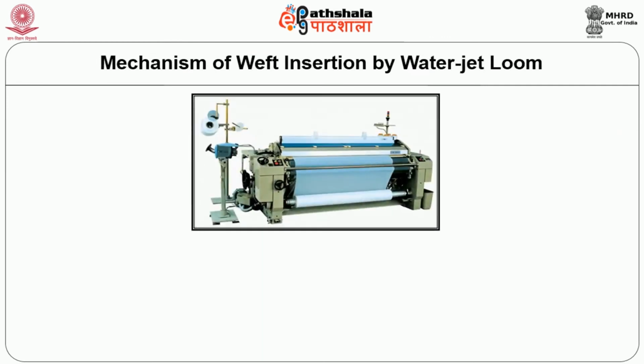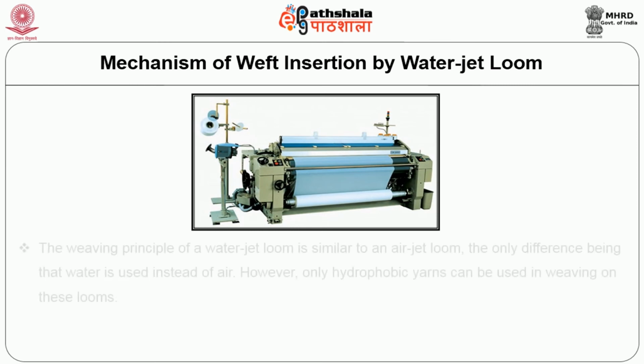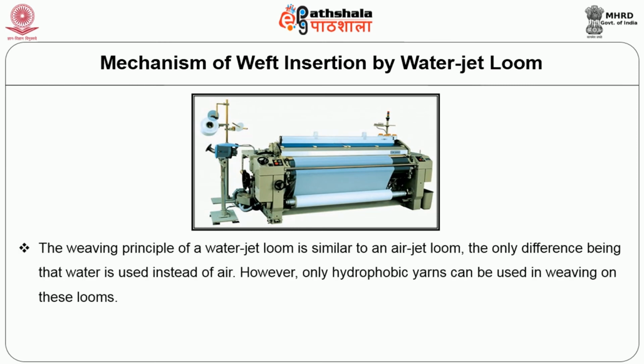Now let us look at the weft insertion mechanism of the water jet loom. The weaving principle of a water jet loom is similar to that of an air jet loom, the only difference being that water is used instead of air. However, only hydrophobic yarns can be used in weaving on these looms.